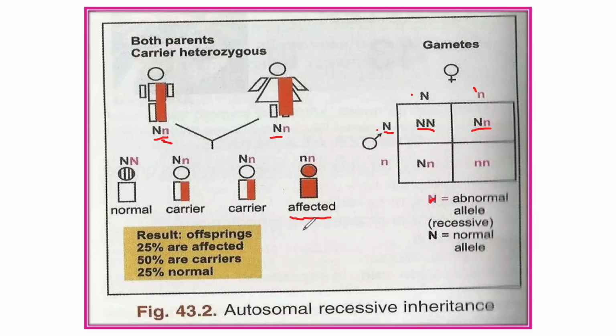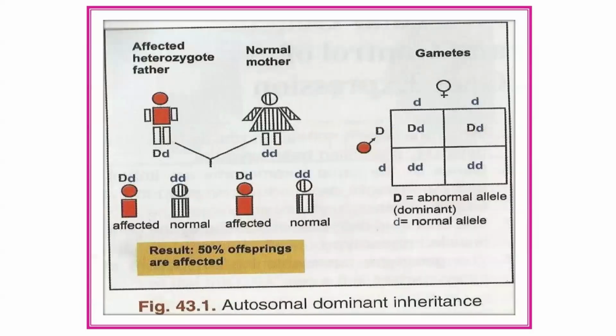And then the next thing that we are going to look at is the autosomal dominant allele, and how the autosomal dominant allele is also associated with enzyme defects in inborn errors of metabolism. You see, autosomal dominant inheritance is one way that a genetic trait can be passed from parents to their offspring.